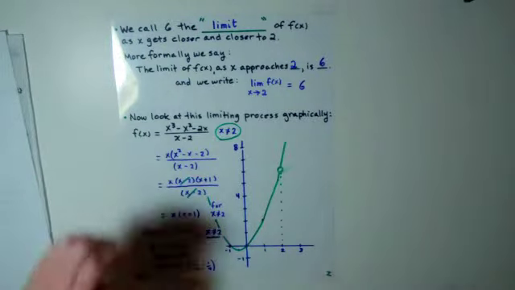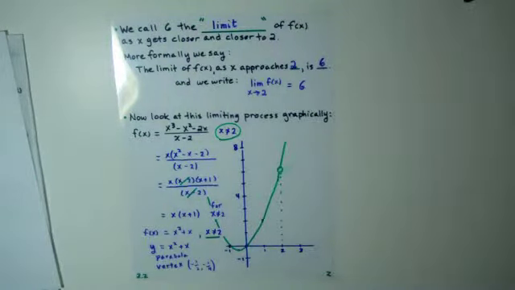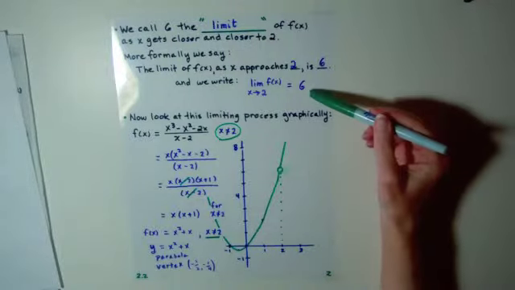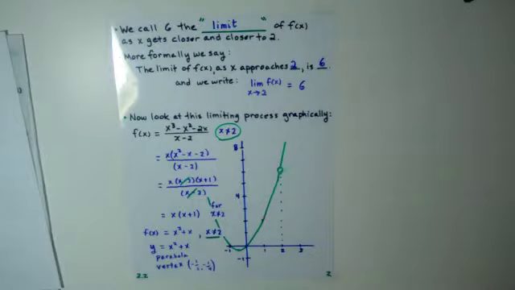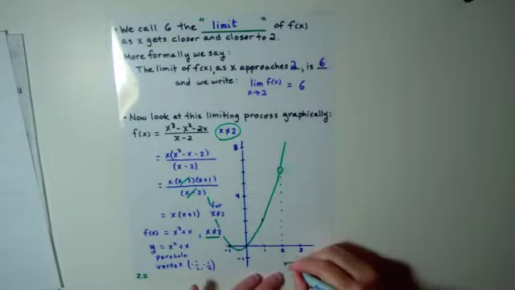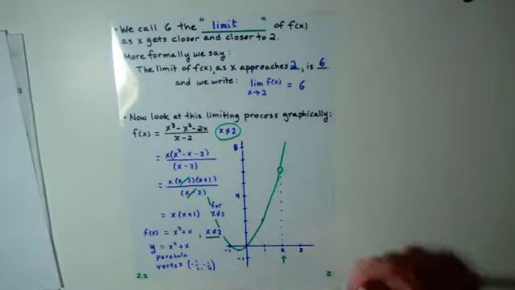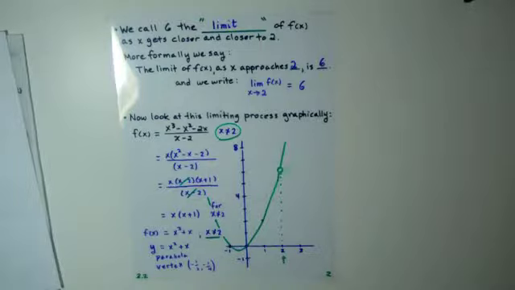So here's my graph. And what I want us to do now is just to go ahead and try to think about how to find that limit of 6 that we talked about as x gets closer and closer to this input value of 2. But I want us to do it from the graph instead of doing it from a table of values. So that is what we will do next.